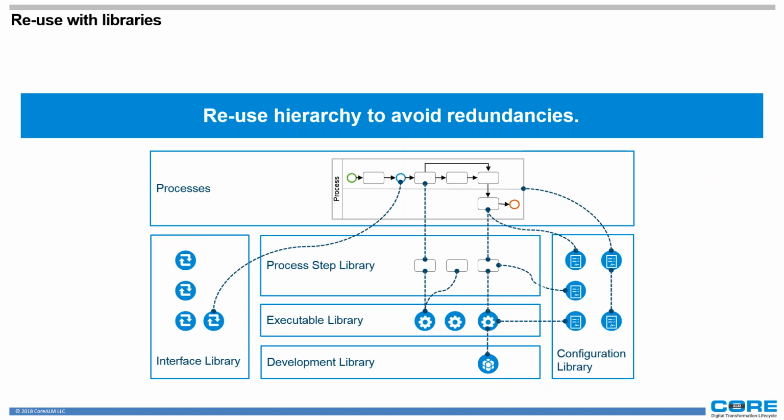And as we mentioned, with the library, you'll be able to really build your end-to-end process, as you can see across the top here, and then using these puzzle pieces, if you will, from an interface library, process step library, executable library, you can build your end-to-end process. And again, this could span multiple business areas, or it could span multiple systems, whether they are SAP or non-SAP. So that's the beauty here.